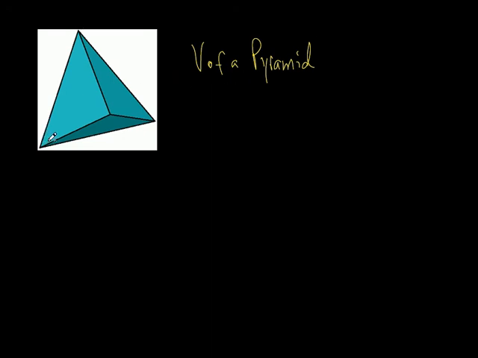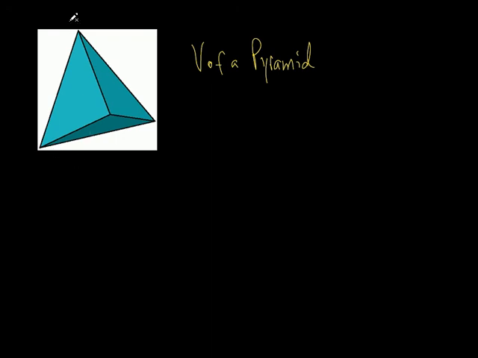Let's say this is a triangular pyramid. If I was going to fit this inside of a prism that has this exact same base, think about it. You got this base. What does a prism do? The sides go completely straight up, don't they?